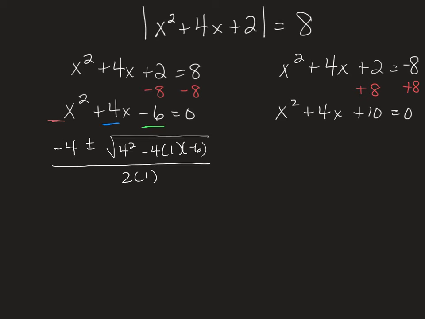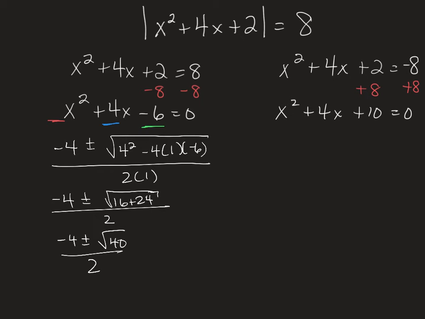This is negative 4 plus or minus, that's 16 plus 24, all over 2. And that is going to give me a square root of 40 over 2.